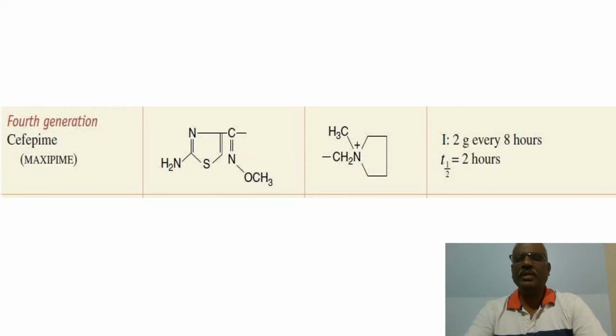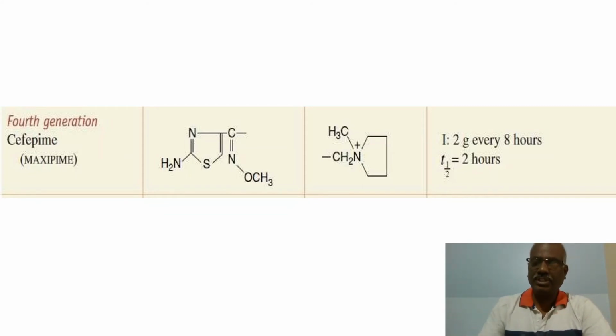It's only given by injection, 2 grams every 8 hours. That means it has to be given 3 times a day as a 2 gram injection. So fourth generation cephalosporins are available in the market. All these antibiotics inhibit the peptidoglycan synthase, which is responsible for the cross-linking in the cell wall.